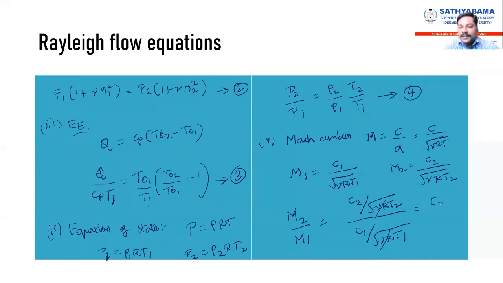So what we get? We get C2 by C1, and then root of T1 by T2. So this is your Mach number equation. So for Rayleigh flow, we are considering 5 different equations, and we are going to find the variation of flow parameters with respect to Rayleigh flow.